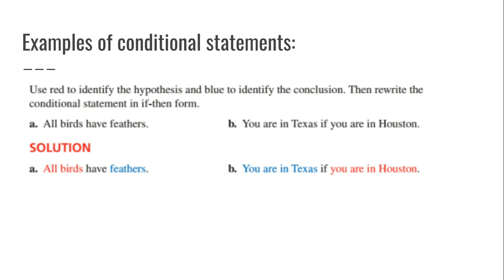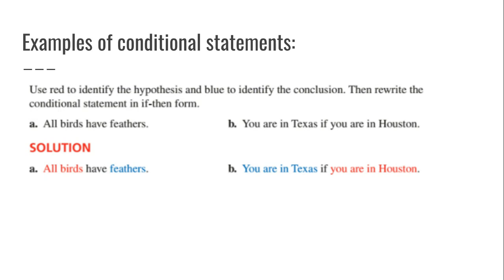Examples of conditional statements. Use red to identify the hypothesis and blue to identify the conclusion, then rewrite the conditional statements in if-then form. This was supposed to be covered up. It was not, but it's okay because we will survive. All birds have feathers, and you are in Texas if you are in Houston.